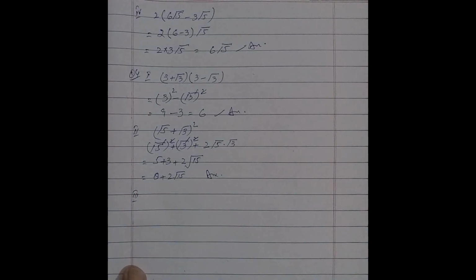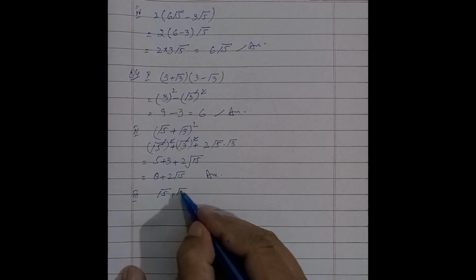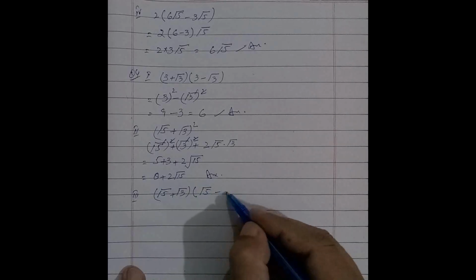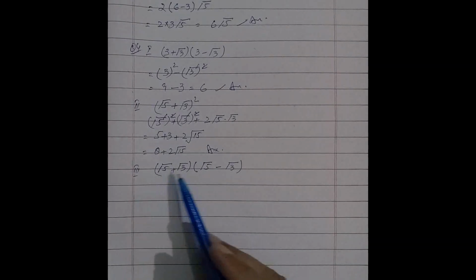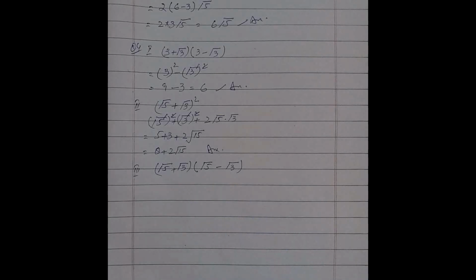Now the third part is (√5 plus √3) into (√5 minus √3). It is the same as part 1, (a plus b) into (a minus b), and the formula is a square minus b square.